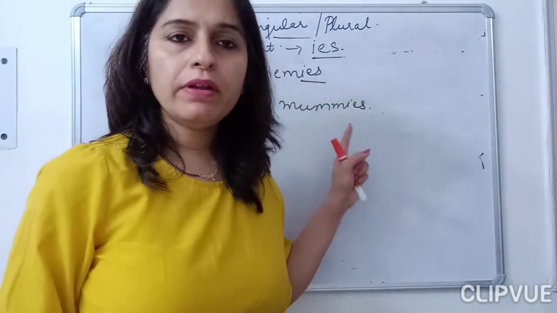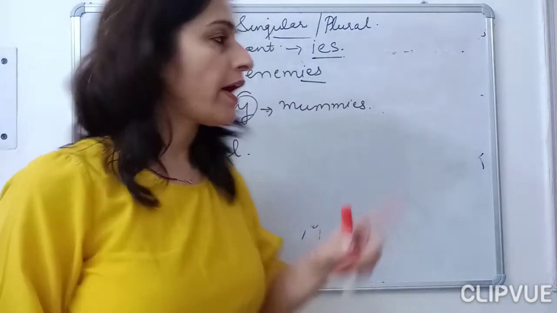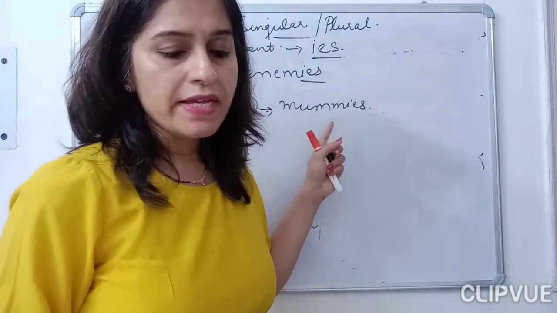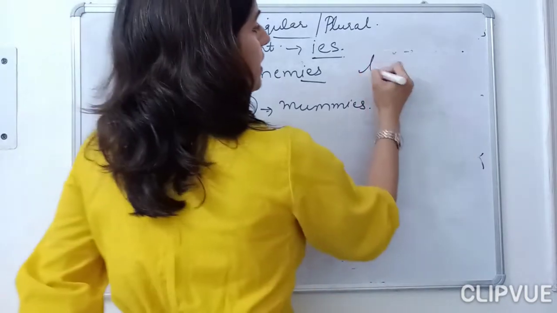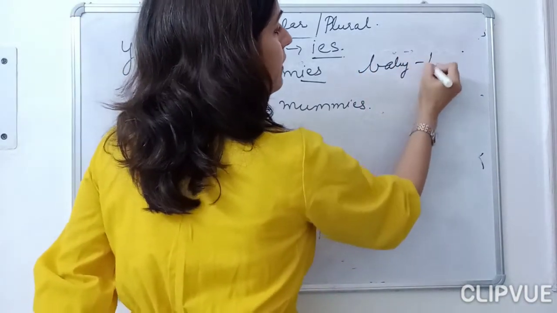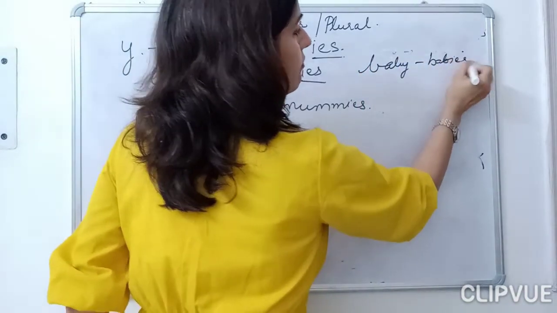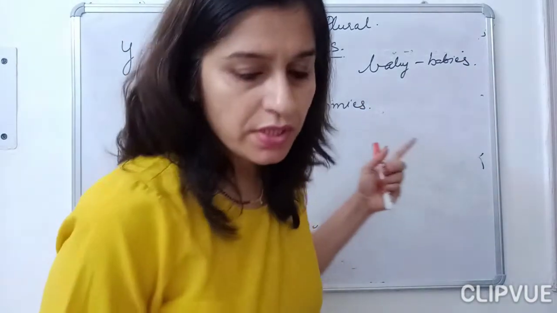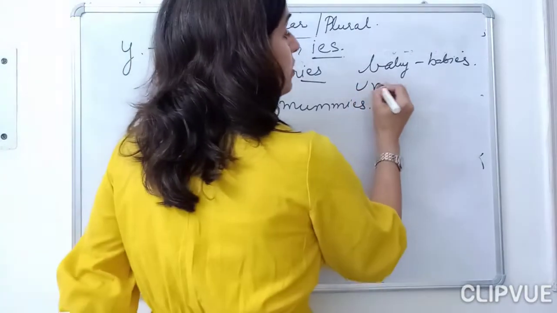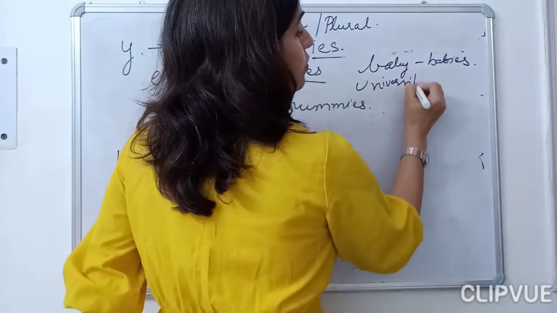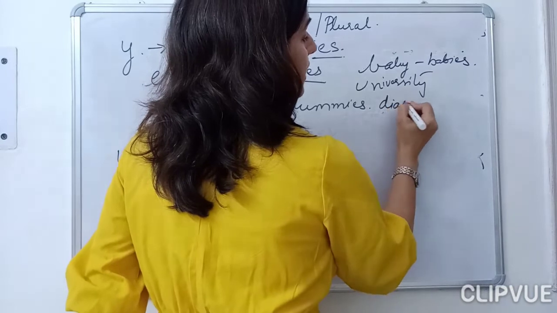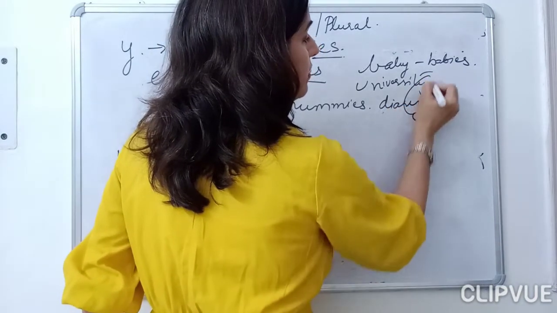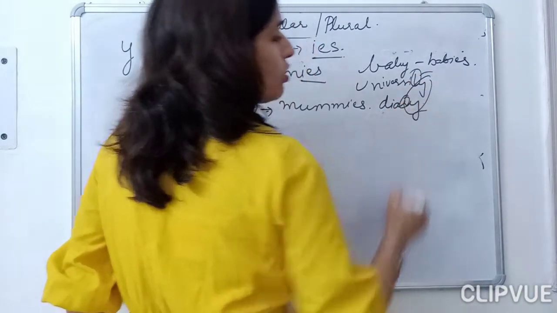So this way, children, if there is a consonant before a Y, we add IES to that. Like you can take baby. So it will become babies. There are many such words, children, like university, diary. They are ending with Y, and before it there is a consonant.